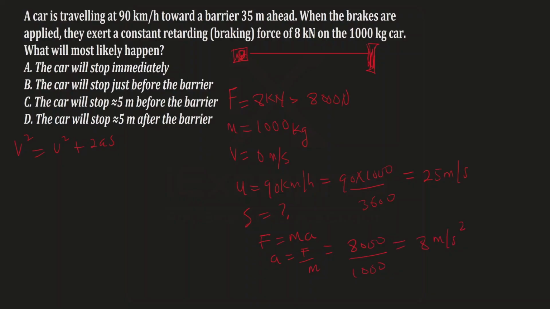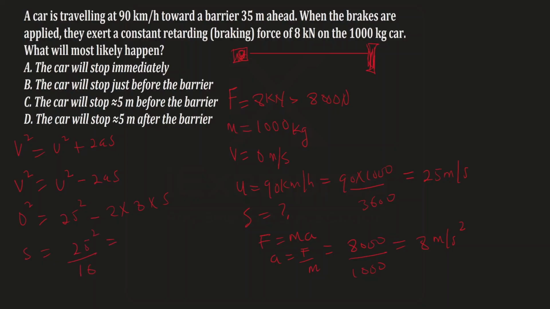So let's put that into our equation. We have v squared equals u squared, and I'm going to change this to negative since we are decelerating, minus 2as. Let's substitute the parameters. Final velocity is 0, so 0 squared equals initial velocity 25 squared minus 2 times acceleration 8 times s. So we have s equal to 25 squared over 16.